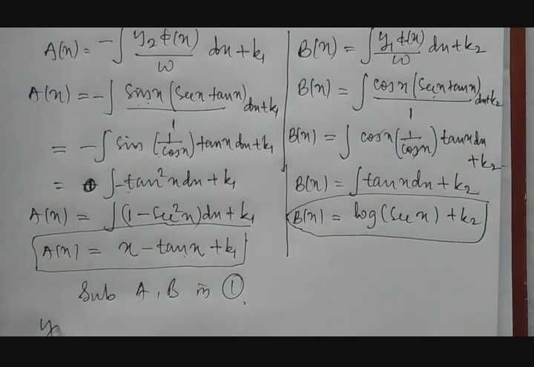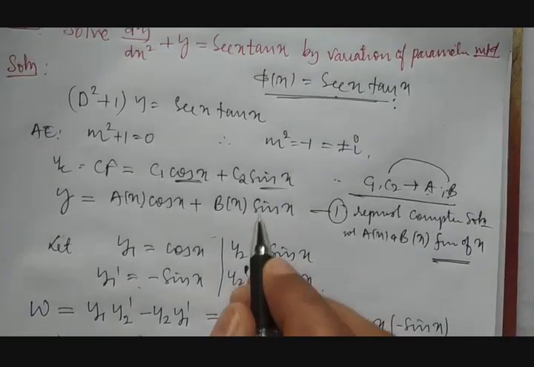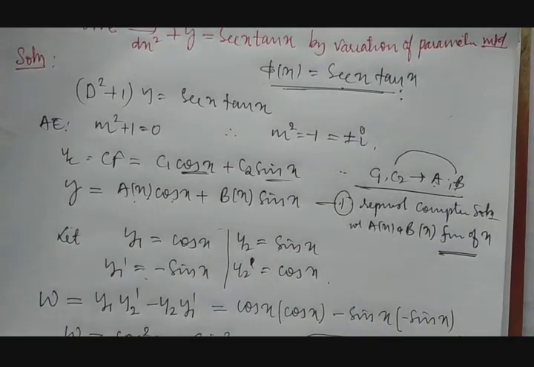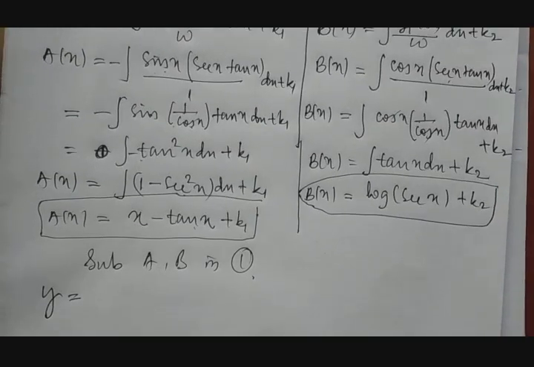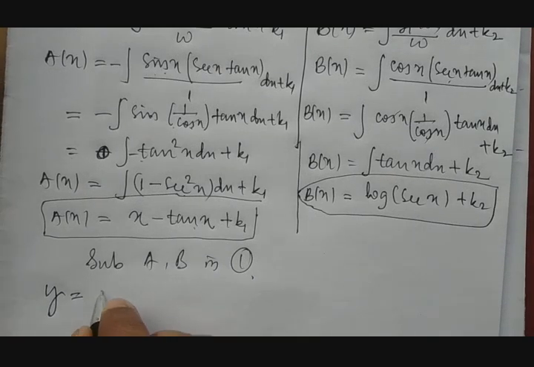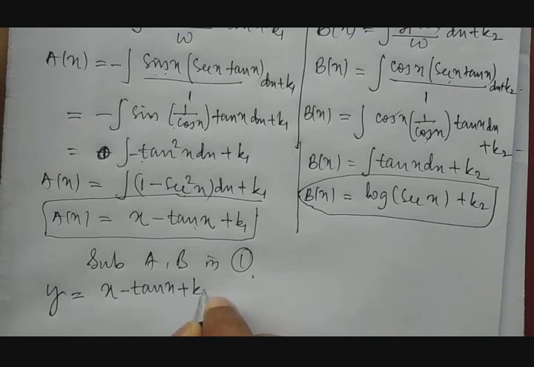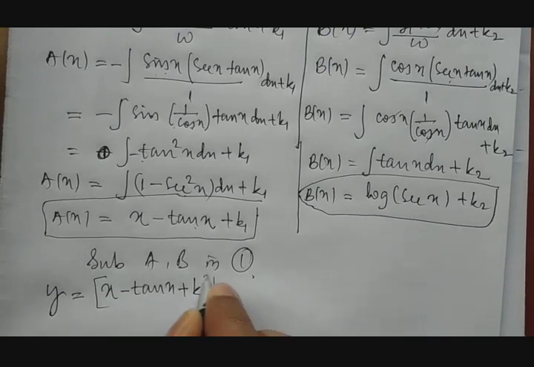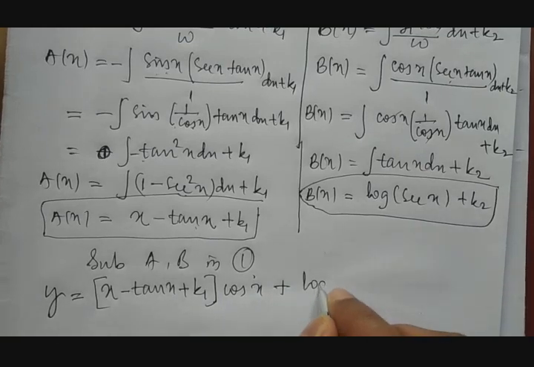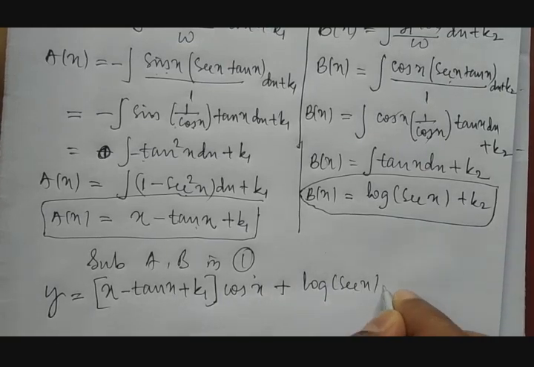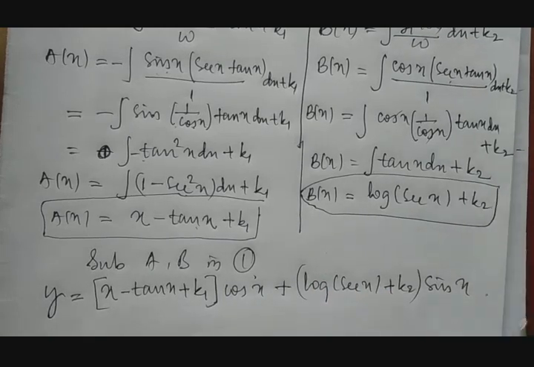Then equation number 1 becomes y is equal to a into cos x plus b into sin x. So let us substitute these values. Then we will be getting the value of a is x minus tan x plus k1, into cos x, plus the value of b is log of sec x plus k2, into sin x.